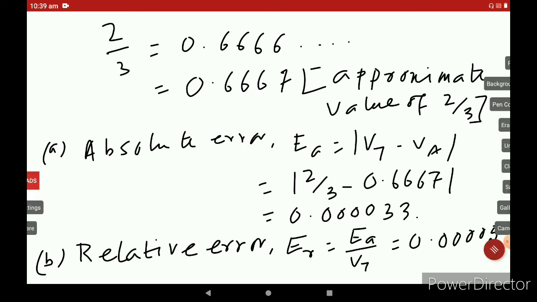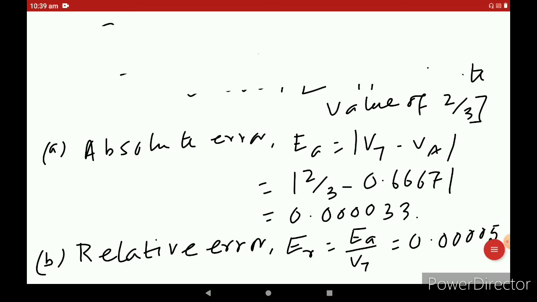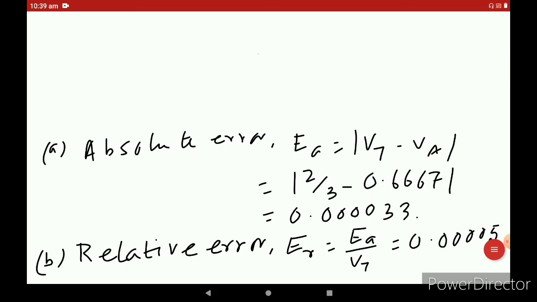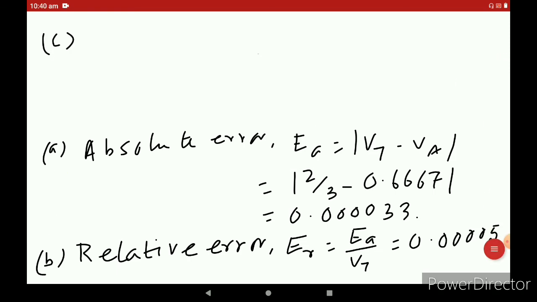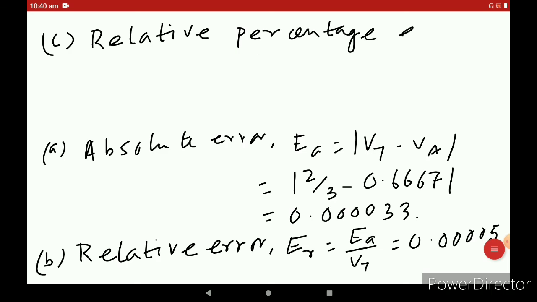Now finally we find out the value of relative percentage error.